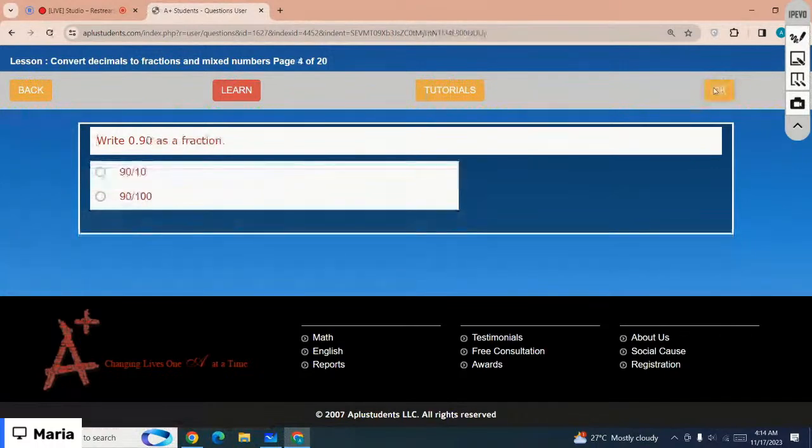Okay, write 0.90 as a fraction. So which is the correct option? How do you write 0.90 as a fraction?